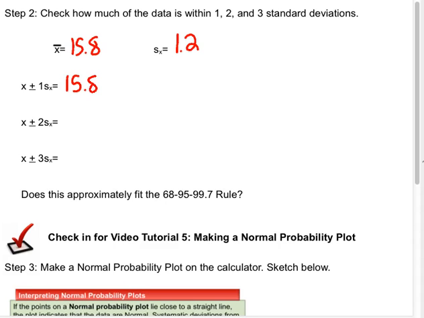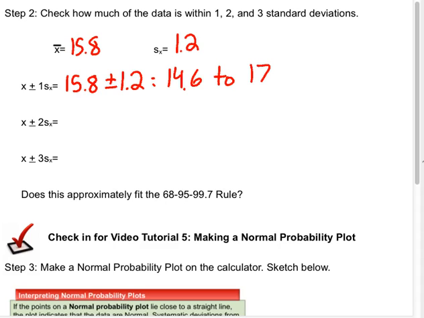So 15.8, and if I want within 1 standard deviation of that, well, 15.8 minus 1.2, we're talking about going from 14.6 up to 15.8 plus 1.2, up to 17.